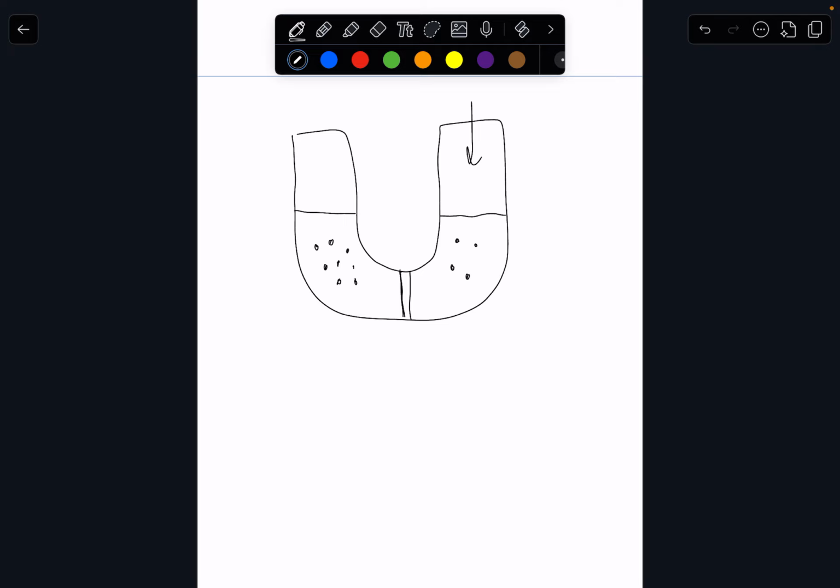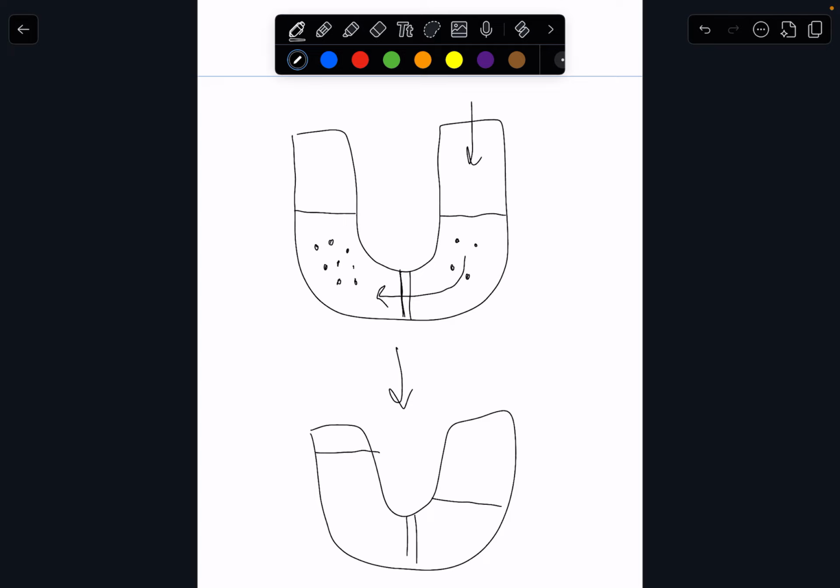So since this side has a lot more solute in comparison to water than this side does, the water is going to want to move from this side over to that side, because they're like, holy cow, there's so much solute here, we're outnumbered. Well, it's like, okay, we'll send help, we have extra people. It goes through that permeable membrane, and what it does is creates this difference in the amount of water in there until it reaches a state of equilibrium.